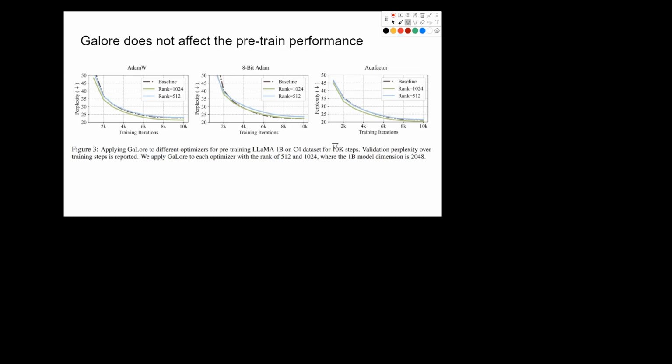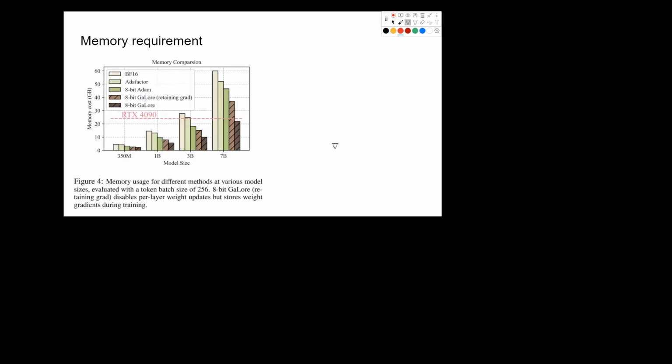You can see that the baseline is full rank, and we can reduce the rank, and we don't see any big difference between those situations. So it means that GaLore can be used with different optimizers, and they can achieve very similar results.